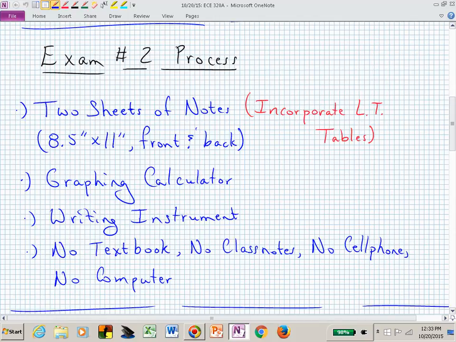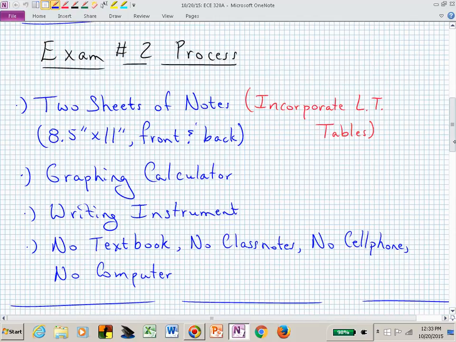Would it be incorrect, when we inverse Laplace transform something and we get a delta function, to multiply that by a unit step, the u of t? So the question was, how can we just throw u of t's everywhere? No, that's not quite the question, but I rephrased it. If you have an impulse, you don't have to multiply it by the u of t.